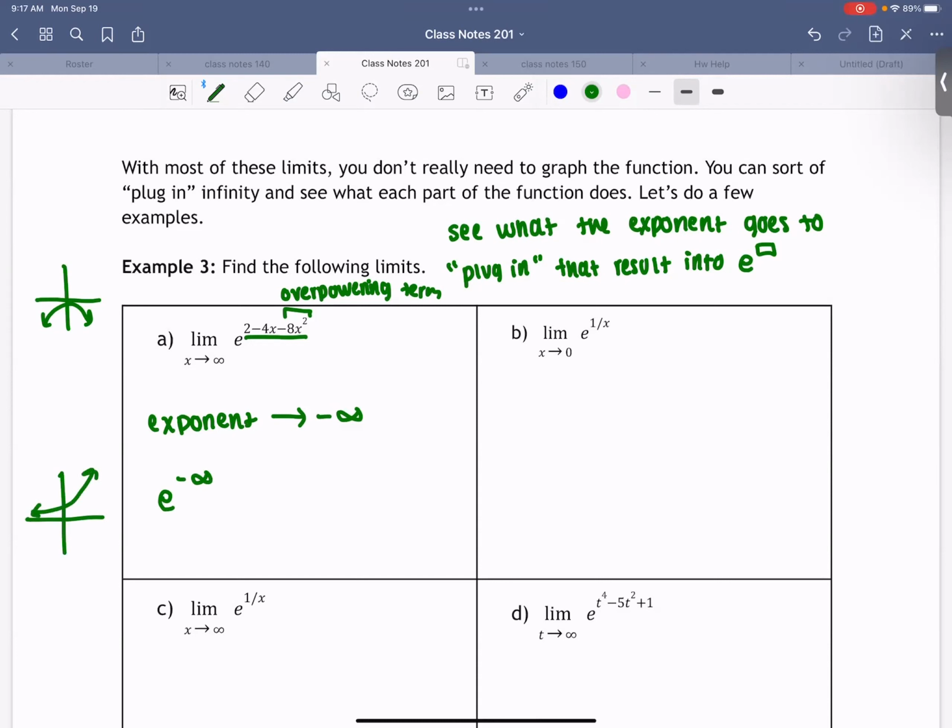So as I plug in negative numbers into e, where am I going towards? 0, good. Okay, so my answer to this limit is 0. Before we go on, are there any questions on part A? Okay, I know this is kind of a hurdle to go through. I feel like it's a lot of steps, but I swear as we do more problems, it'll get easier.